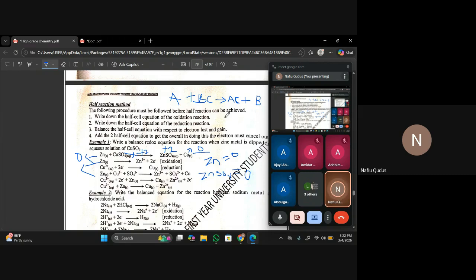Are you with me, Abdulgani Abiba? Yes, sir. So when we have A and BC, this C will collect A. We take C from B, which becomes AC, and B will be left alone.